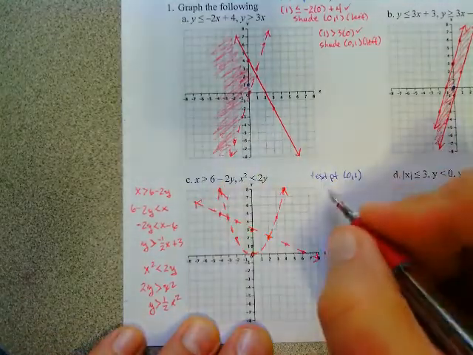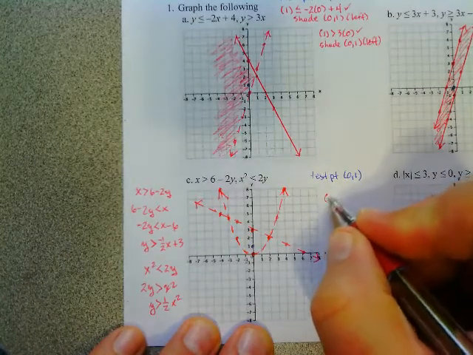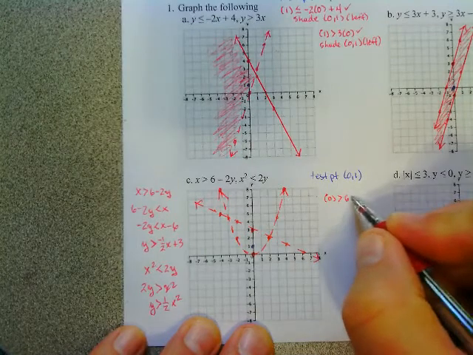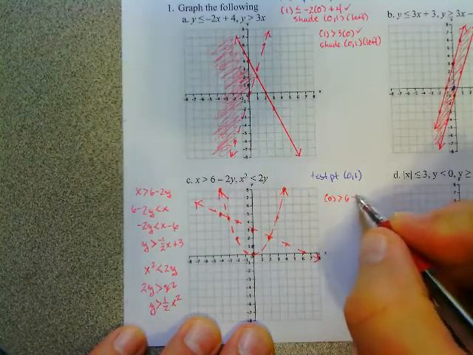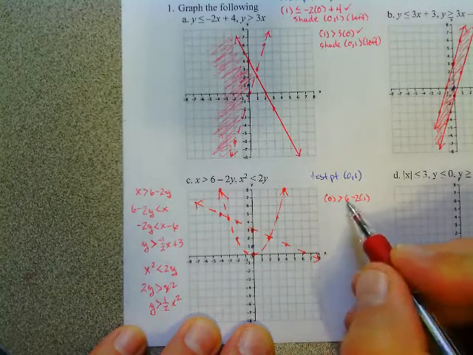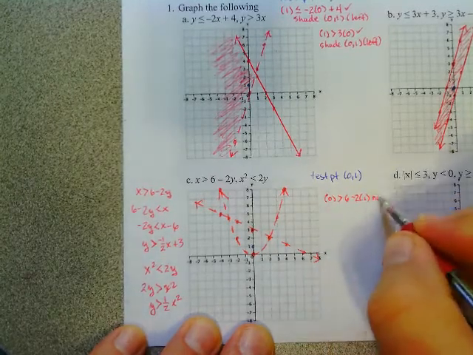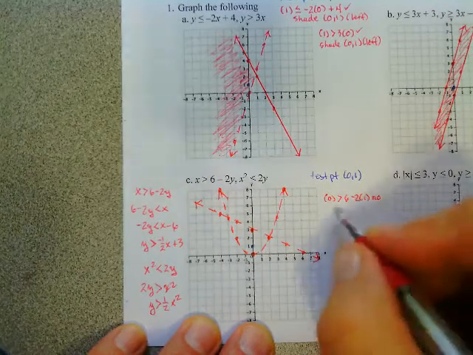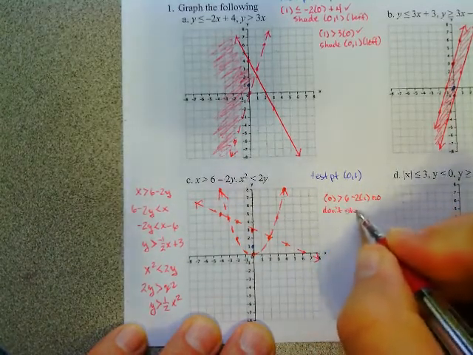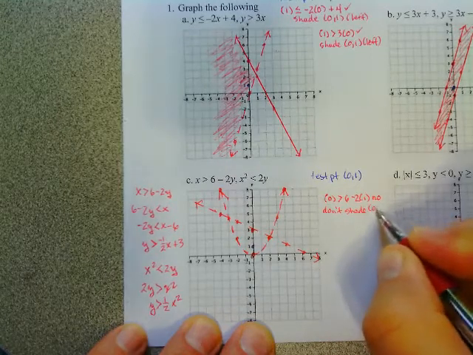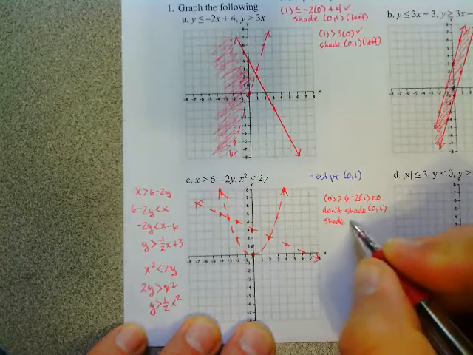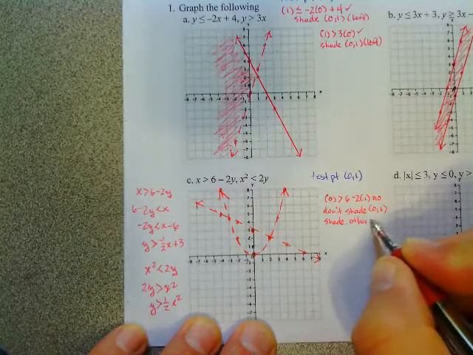So x is 0, y is 1. In the first equation we would have: is 0 greater than 6 subtract 2 times 1? Well, that's 6 subtract 2, that's 4. 0 is not greater than 4, so that's no. So don't shade 0, 1, shade the other side.